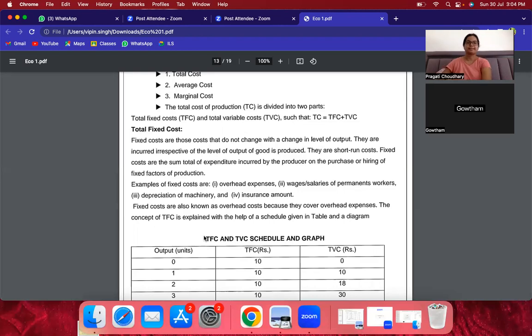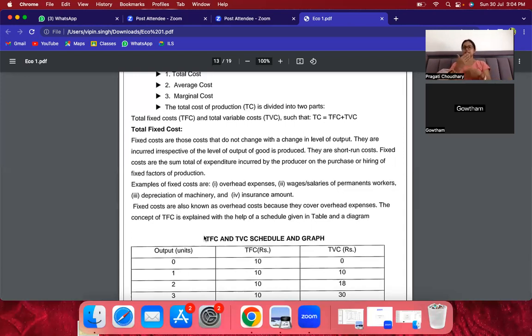So examples of fixed cost are overhead expenses, wages, and salary of permanent workers. Obviously, whichever permanent workers you have in your company, you have to pay them irrespective of the output you are getting. Depreciation of machinery and insurance.